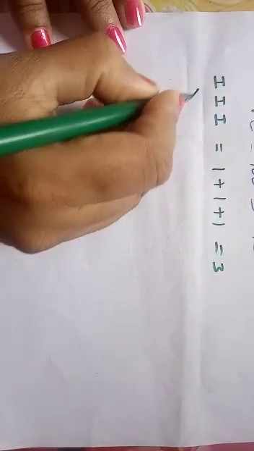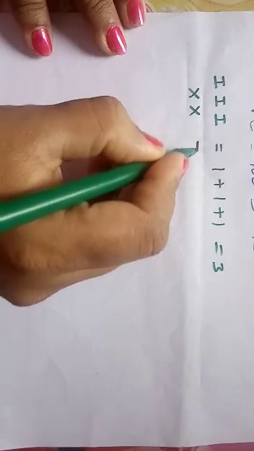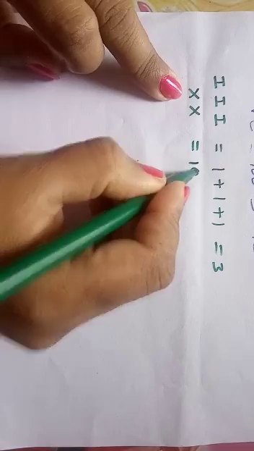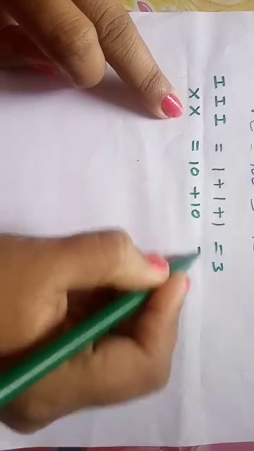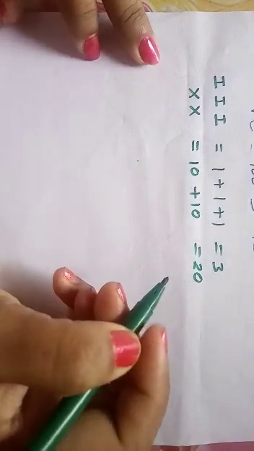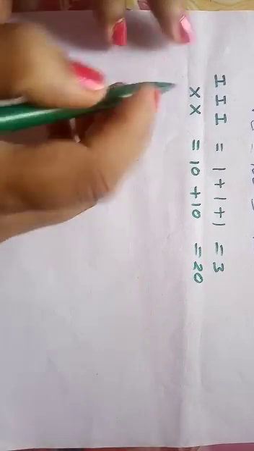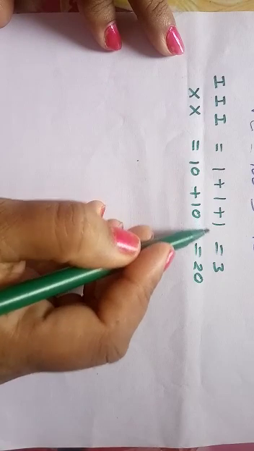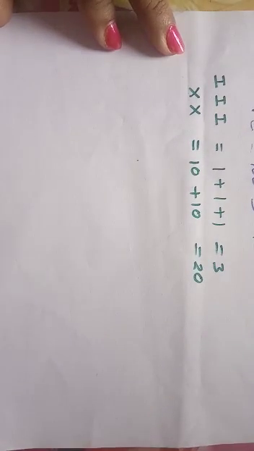Now if I am writing here XX, that means X stands for 10, plus 10 means 20. If numerals are repeating, we have to add them and get the answer.